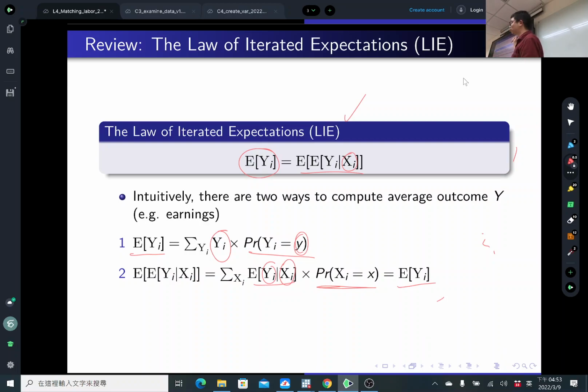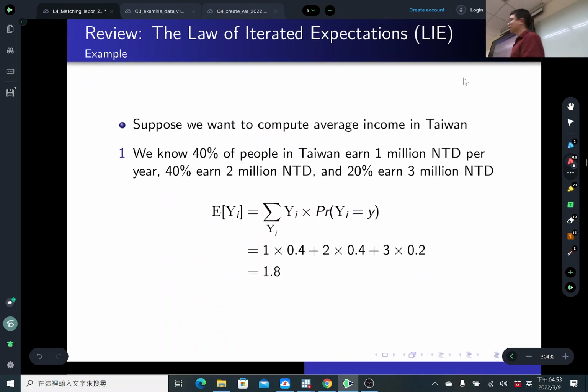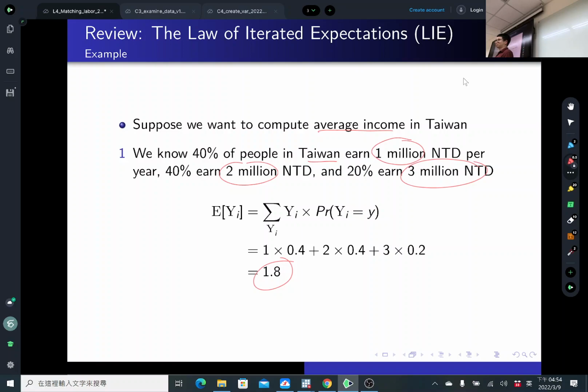So this just says two ways to calculate this. The first way: suppose we want to calculate the average earning in Taiwan, and we know 40% of people in Taiwan earn 1 million NT dollars, 40% earn 2 million NT dollars, and 20% earn 3 million NT dollars. How can you get the average? Just 1 times 40%, 2 times 40%, 3 times 20%, and you get 1.8 million NT dollars.